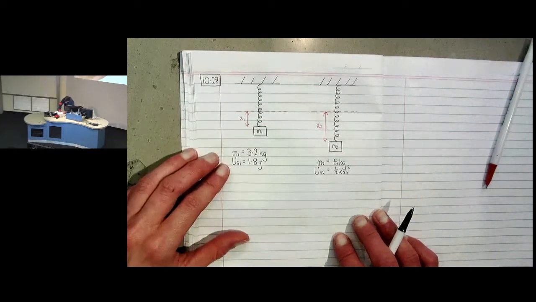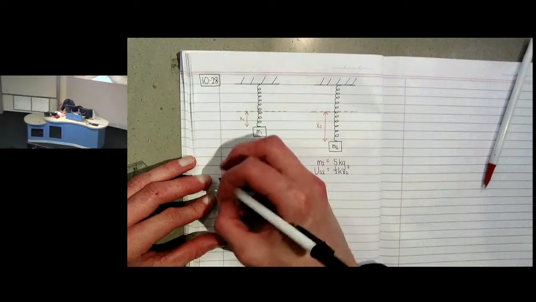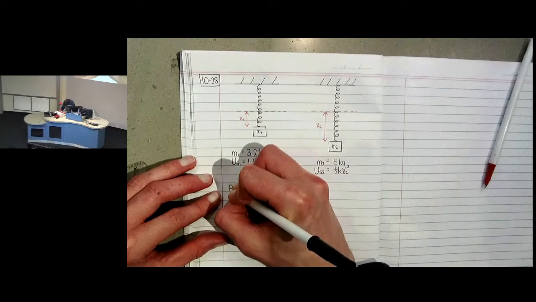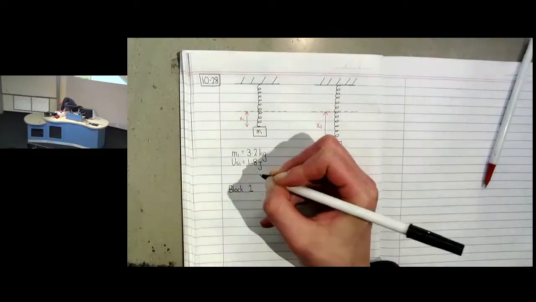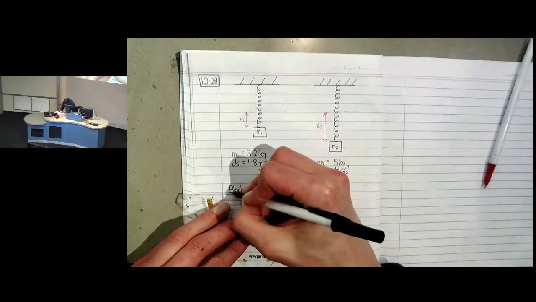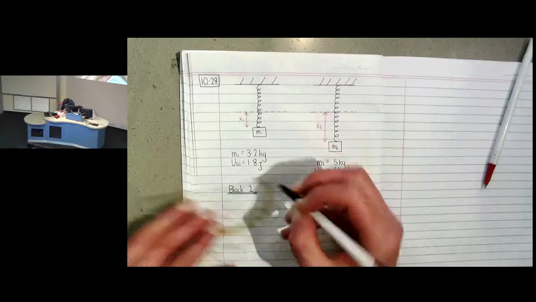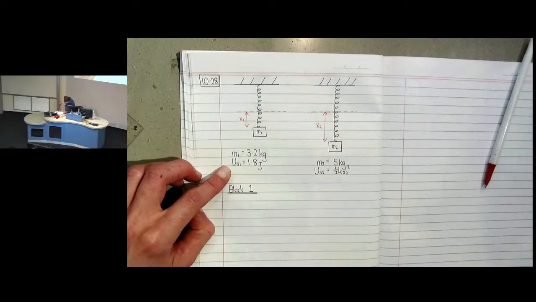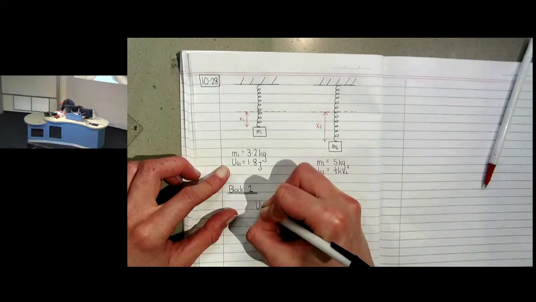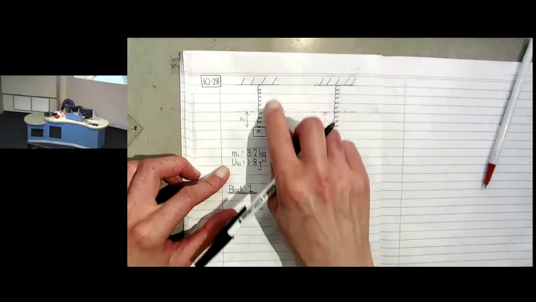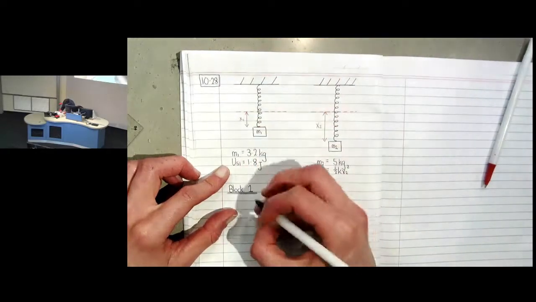So first of all, let's consider block 1. In this case, we know what the elastic potential energy stored in the spring is, and we also have a formula for that in terms of the spring constant and this x1.